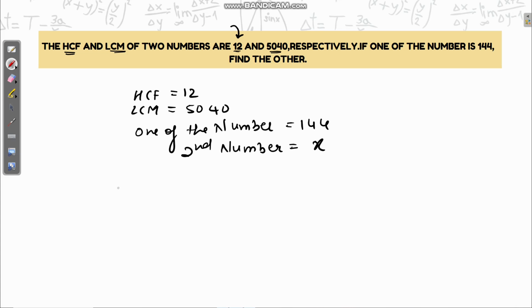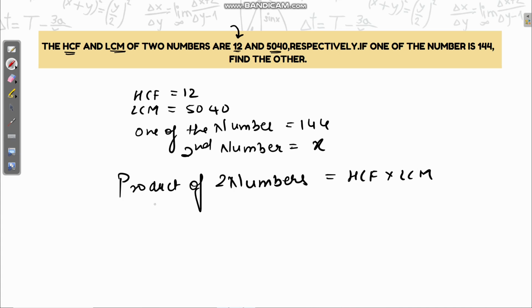Let's use the same formula, that is the product of two numbers is equal to HCF into LCM. So product of two numbers we don't know, but out of that we know the first number, that is 144 into X. We don't know the second number, so I put X. Any alphabet you can use. So HCF is given to us, that is 12, into LCM is 5040.